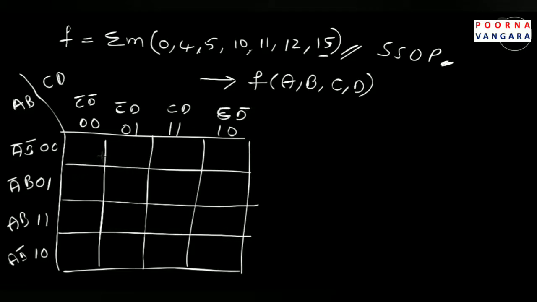So, now the numbers are: the combination 0 0 0 0 is 0, 0 0 1 is 1, then 2, 3, 4, 5, 6, 7, 8, 9, 10, 11, then 12, 13, 14, 15.